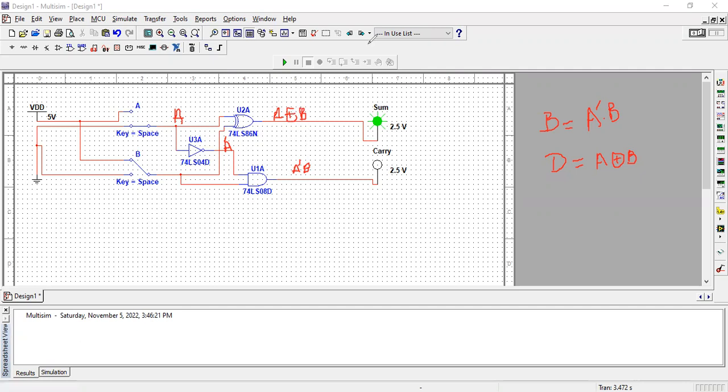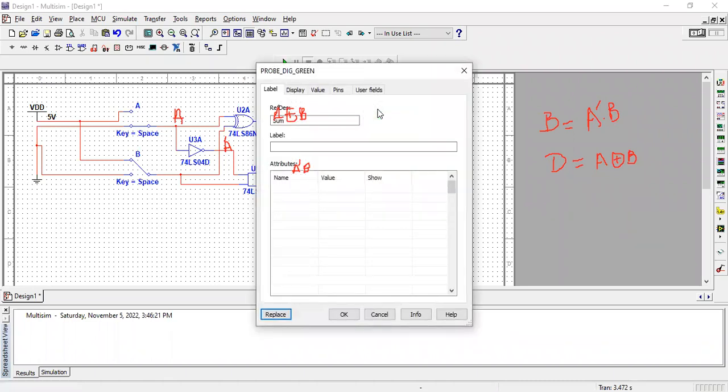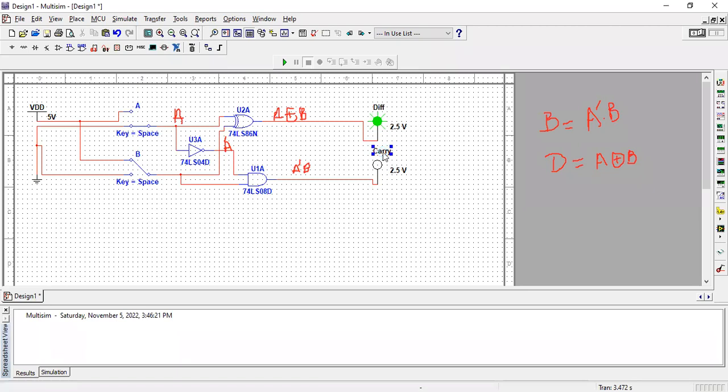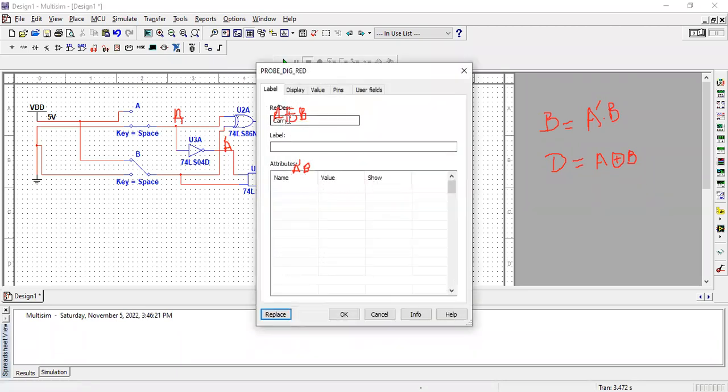Next, I just need to mark my output functions according to my design. Now I'm going to make this function the difference, and this output function the borrow.